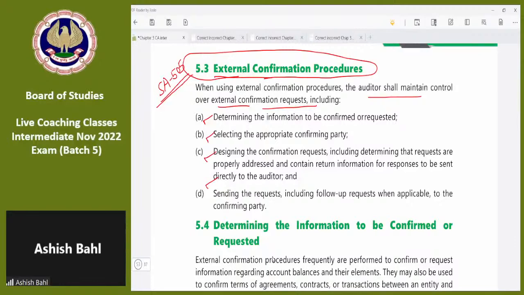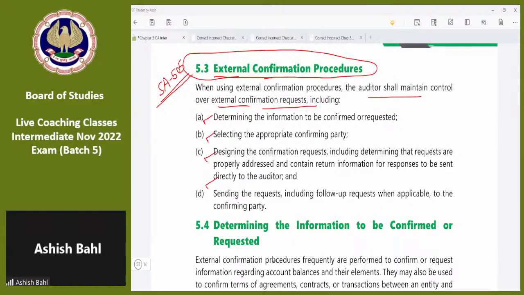First of all, the foremost thing in carrying this out is that he would pinpoint which information is to be confirmed from the confirming party. That is very important. It cannot be a vague thing. The confirming party may not have the time to respond to a long query given by the auditor.